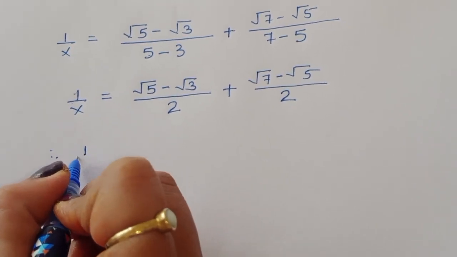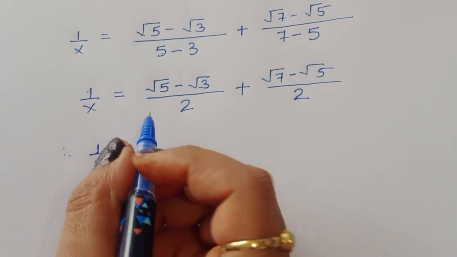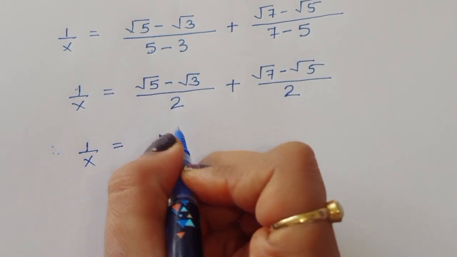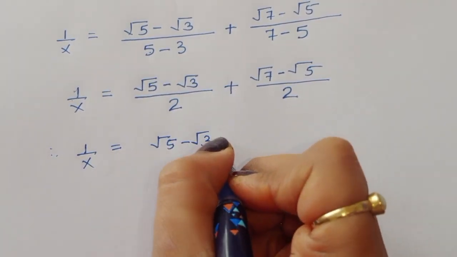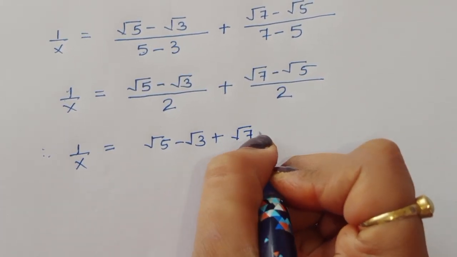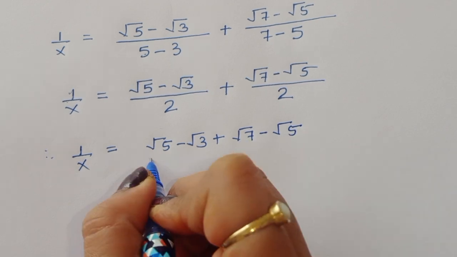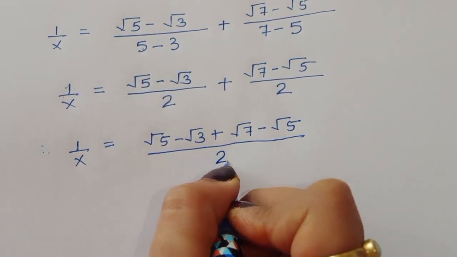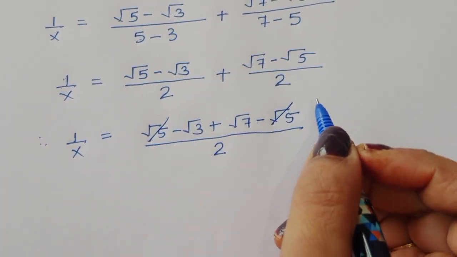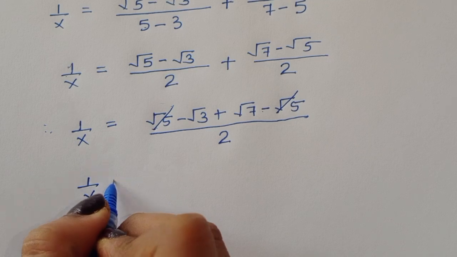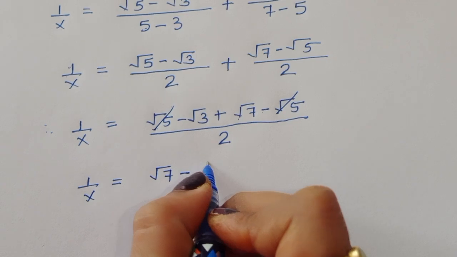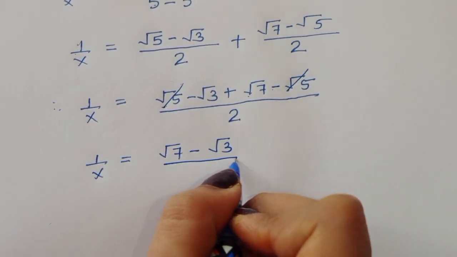Therefore 1 upon x is equal to square root of 5 minus square root of 3 plus square root of 7 minus square root of 5, divided by 2, because the denominator is the same. Now minus square root of 5 plus square root of 5 cancels, and the left term is 1 upon x equal to square root of 7 minus square root of 3 divided by 2.